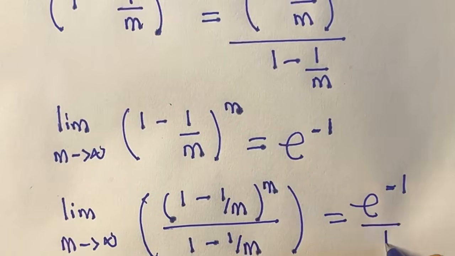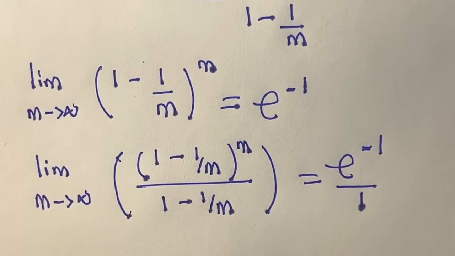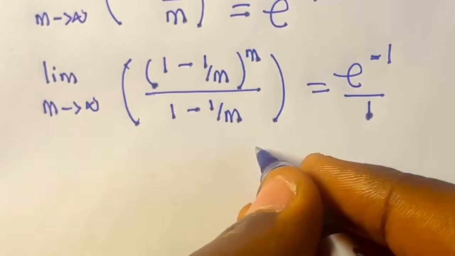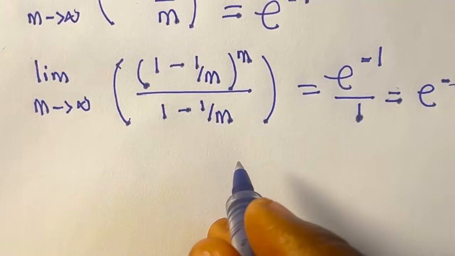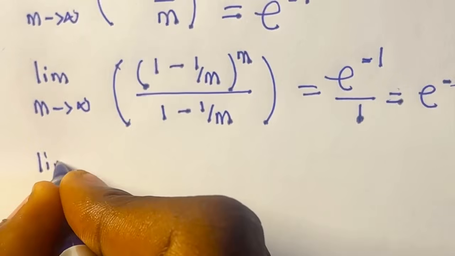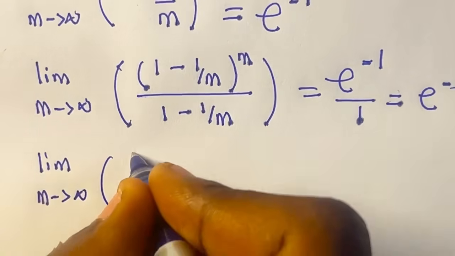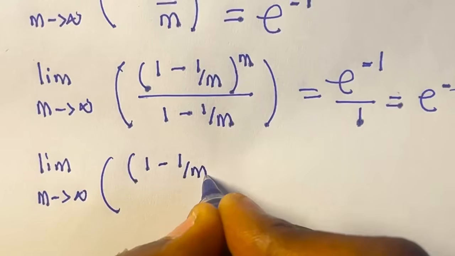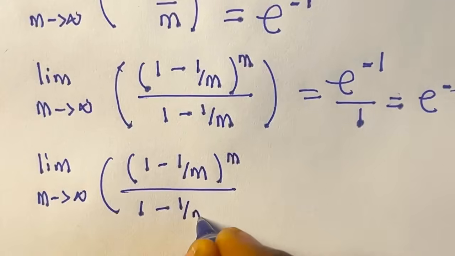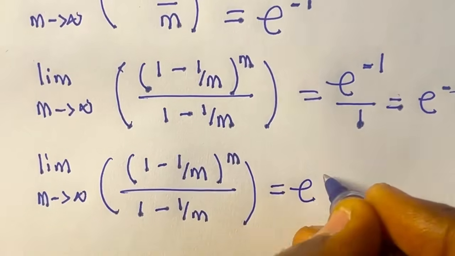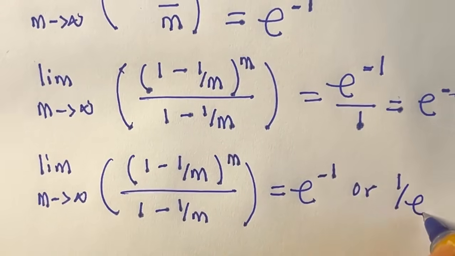So the limit equals exponential raised to power minus 1, or simply 1 divided by exponential.